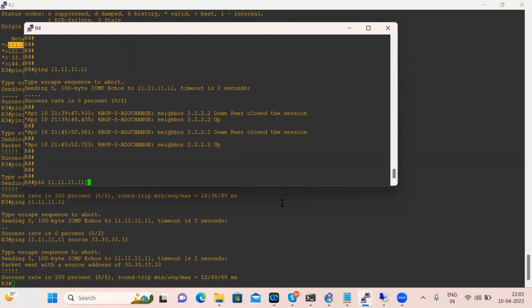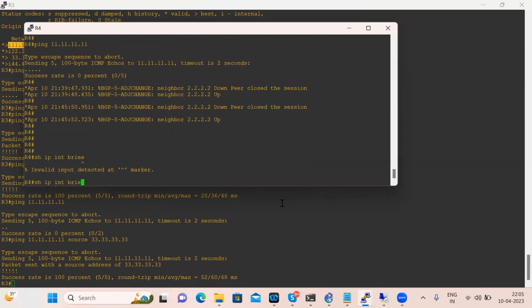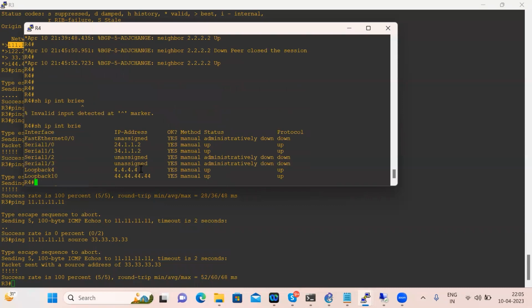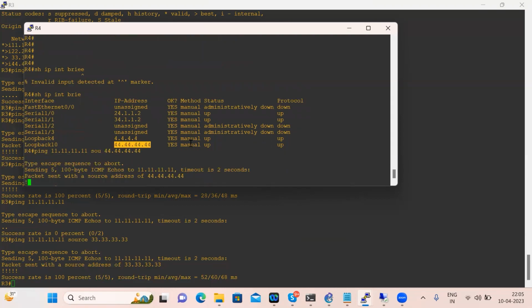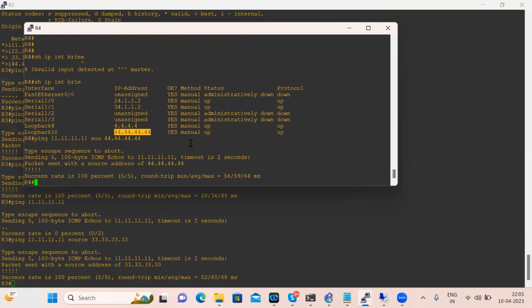If you see on router 4, show IP interface brief, see how many different IP addresses are configured. So through any physical interface or any loopback interface, it will send a ping. Now 11.11.11.11 shows your customer network. Then only you will be able to reach, else you won't.